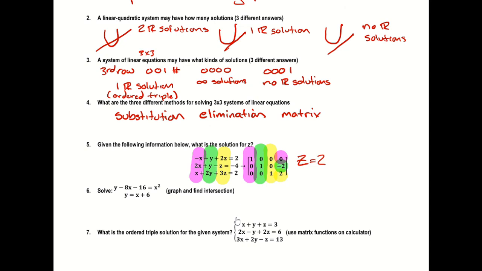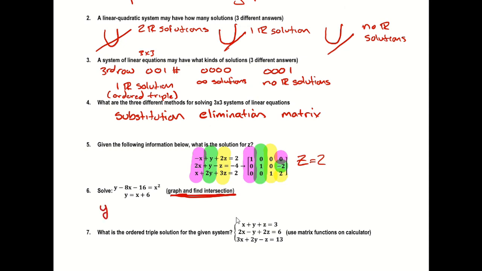Okay, number 6. This says to graph and find the intersection. So we're going to do the calculator method for this one. You see the second equation is already in y equals form. So we need to get the first equation there.